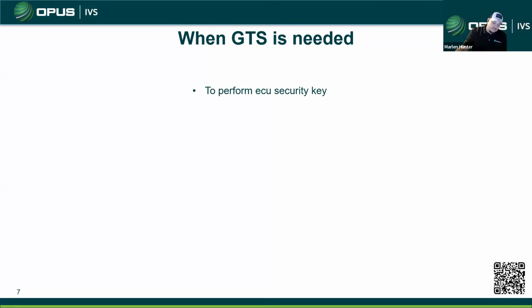But when you would need it, in addition to using a DrivePro, DrivePro 2, DrivePro 1, is to perform ECU Security Key, which this topic comes up a lot, and the name is misleading to say the least. It has nothing to do with actual keys or security. What this is doing is confirming that the vehicle has a new module installed without a prior VIN written to it.